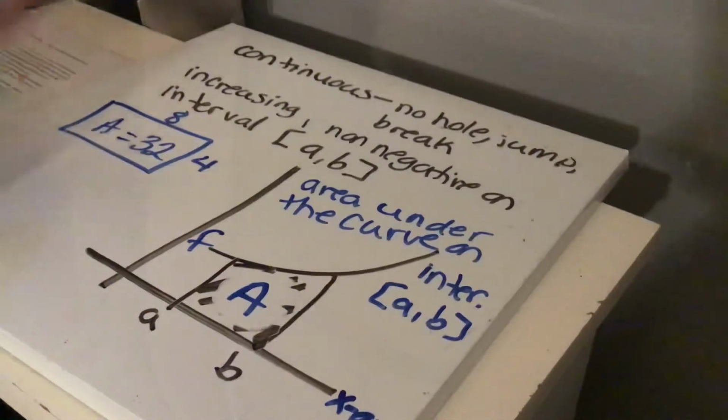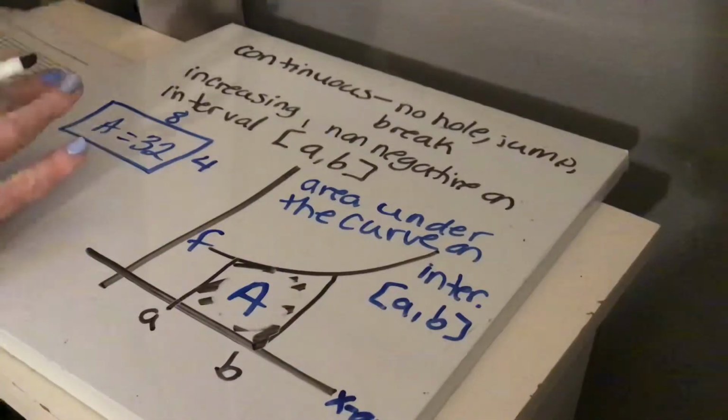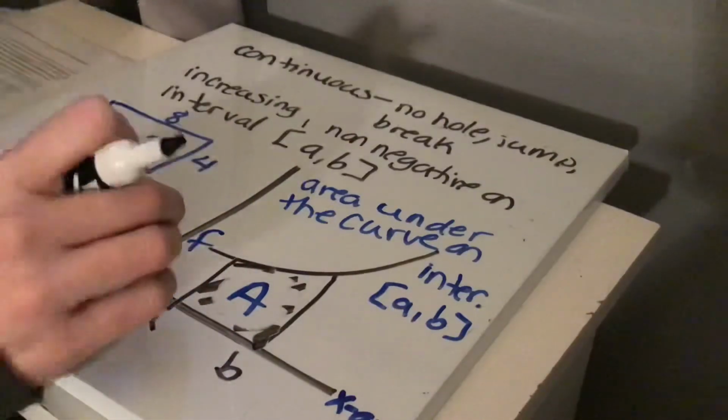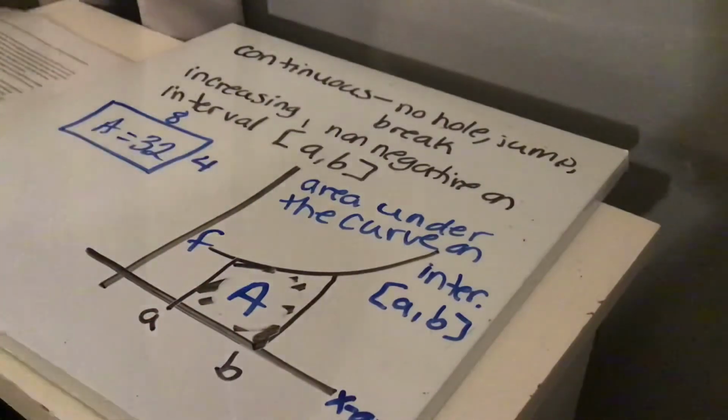Okay? And that's what we're going to do in this lesson, is find a definition, like limits or derivatives. Find a definition that allows us to find this value as long as it exists. Okay?